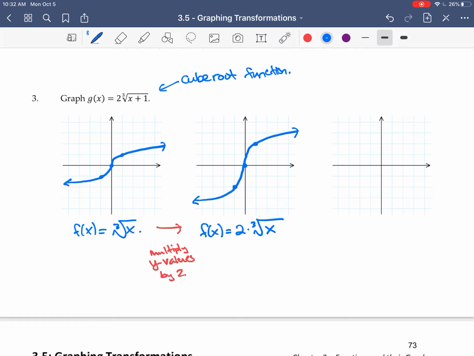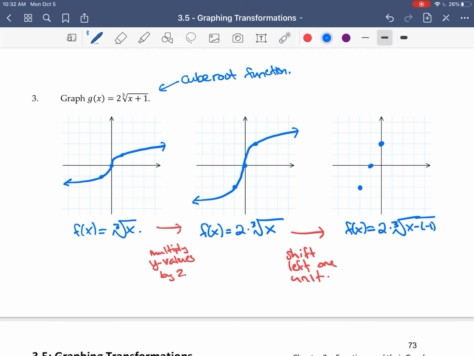Now I want to do the final one. So this is going to be f of x is 2 times the cube root of x minus -1, or plus 1. So now we're going to shift left 1 unit. So instead of being at 0, 0, I'm going to be at -1, 0.